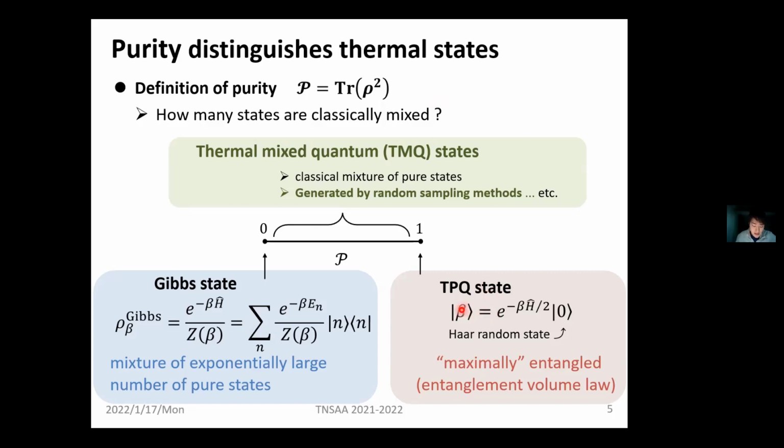By definition, the TPQ state has purity 1. On the other hand, the Gibbs state has nearly 0 purity because it is a mixture of an exponentially large number of eigenstates. Between them, there are numerous TMQ states, which have purity smaller than 1 and larger than 0.